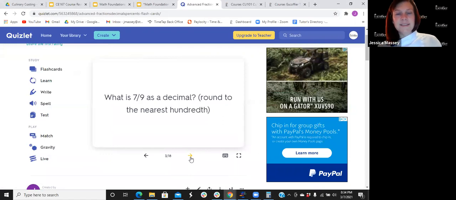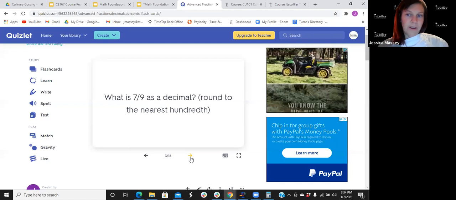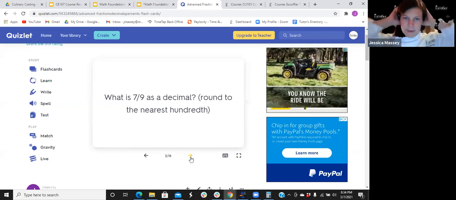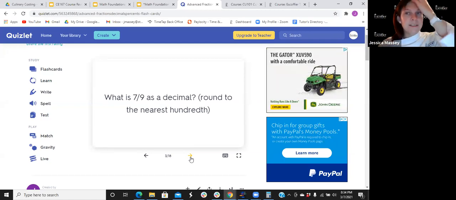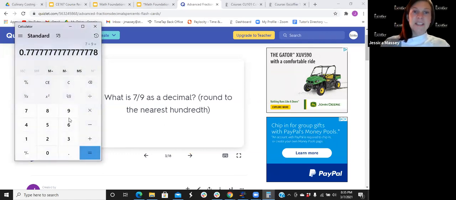What is 7/9 as a decimal rounded to the nearest hundredth? So you would again put 7 divided by 9 in your calculator. And we get 0.77777777778. Makes you out of breath. And then you'd round to the nearest hundredth.